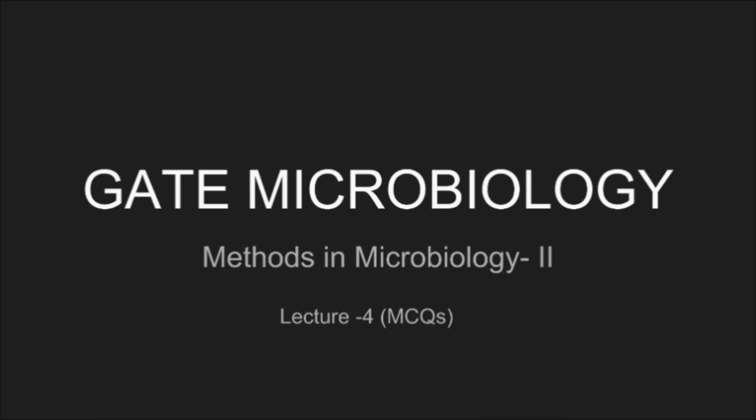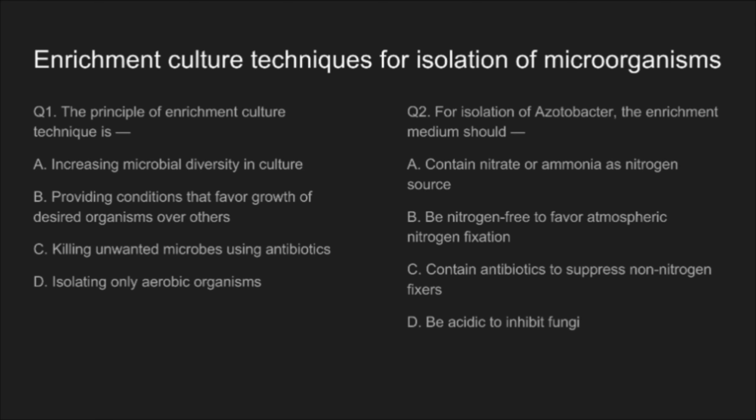So let's start. The first topic that we are going to cover is enrichment culture technique for isolation of microorganism. The first question is, the principle of enrichment culture technique is A. Increasing microbial diversity in culture.